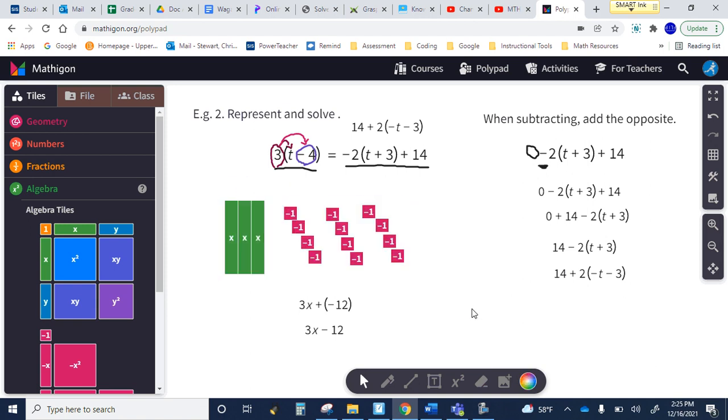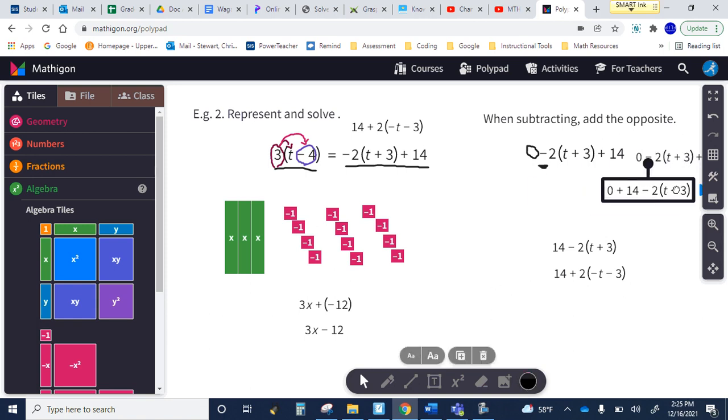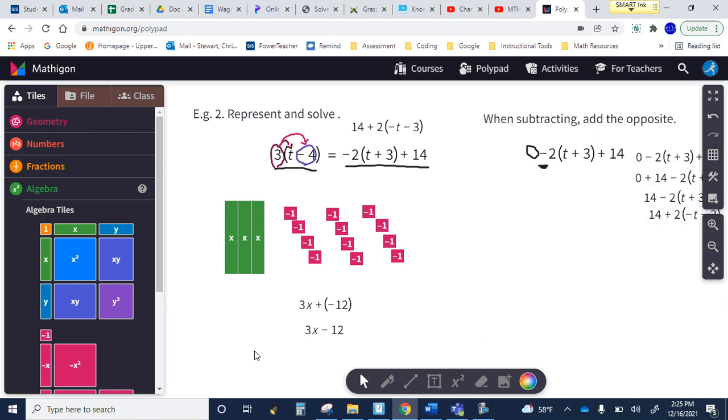All right, well, let's get that expression set up. I'm just going to move these off to the side for now, and that'll give us some space to work. And here we go. So we need two groups of negative t minus 3.